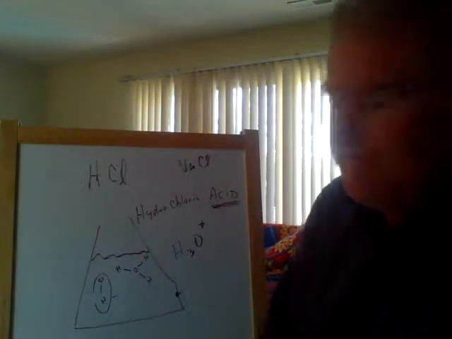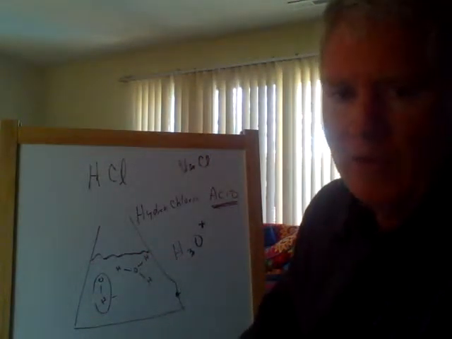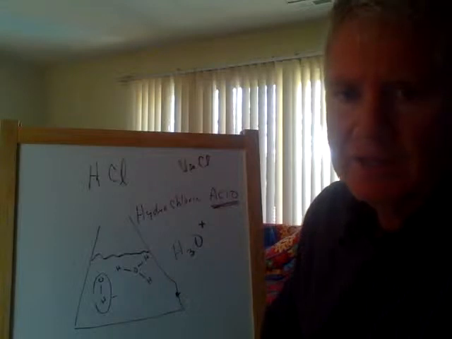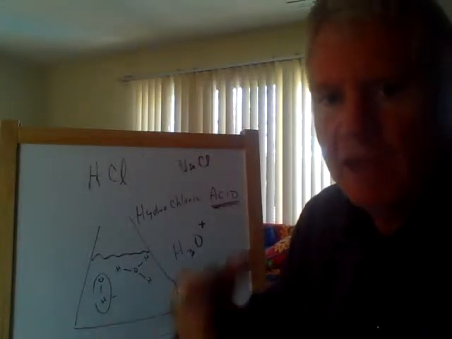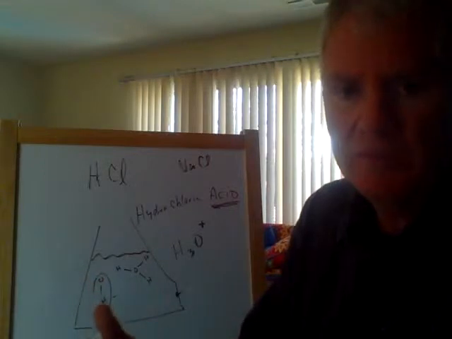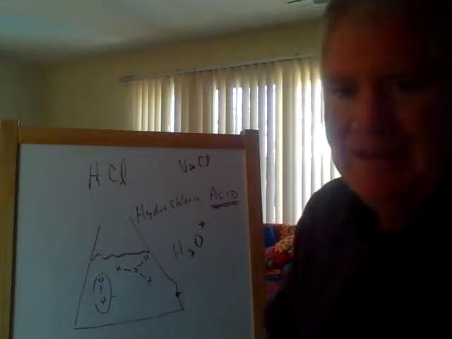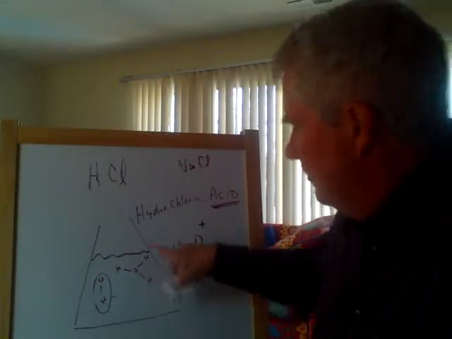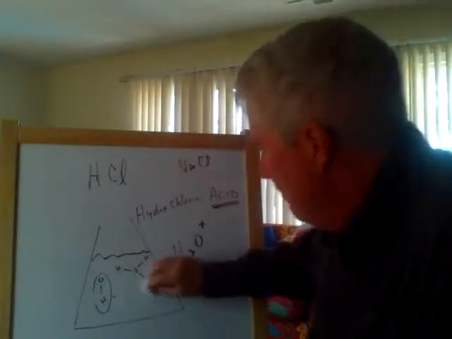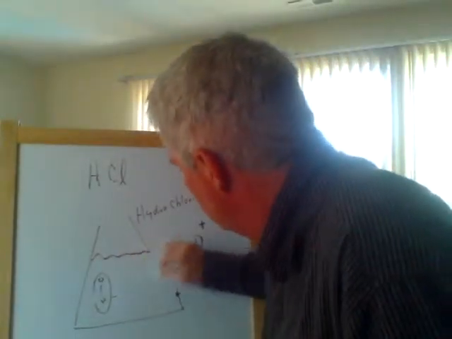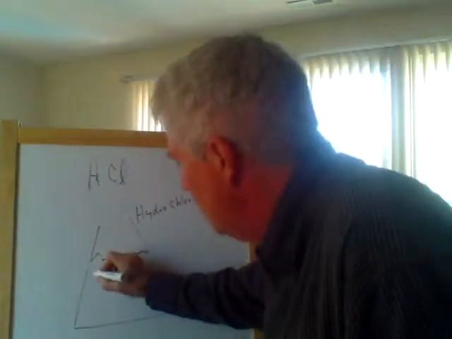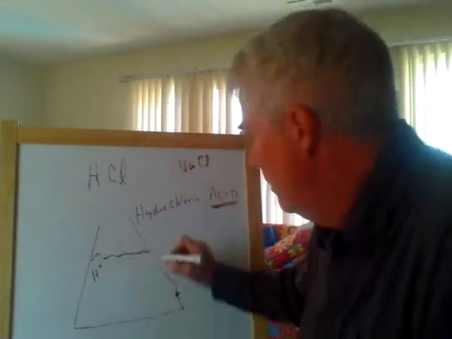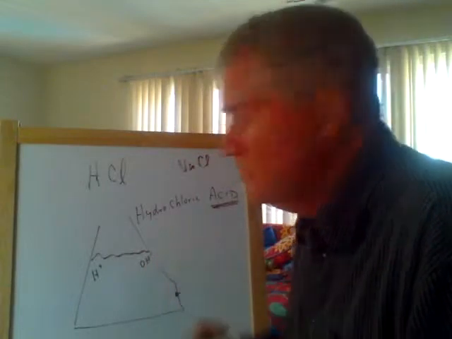That is a more accurate depiction of what's happening inside an aqueous solution that has extra H pluses floating around. But in practice, we tend to draw it as though it really is H pluses floating around here with a little bit of OHs also.